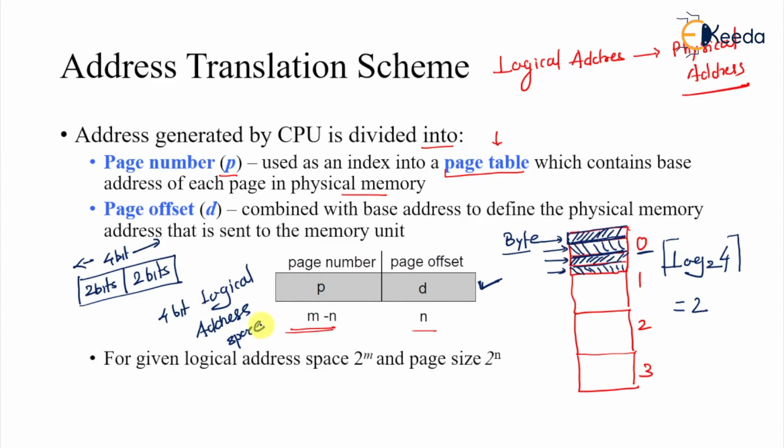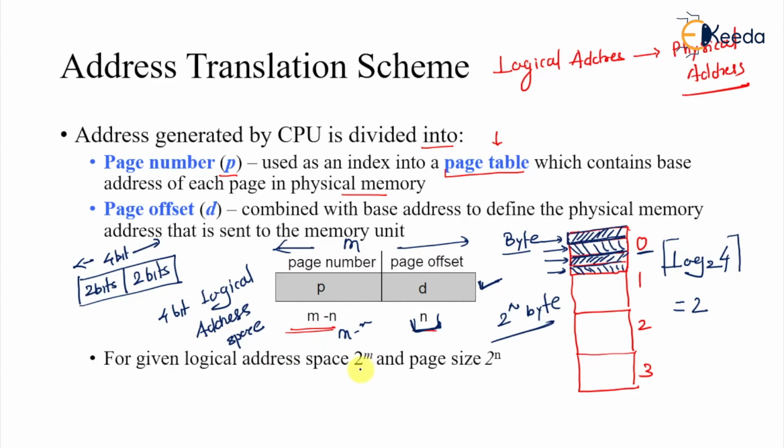So the generalization is something like this. If the total size is m bits, and you require n bits in the page offset, for a page size of 2 to the power n bytes, assuming byte addressability, the number of bits required is n, and we remain with m minus n bits.